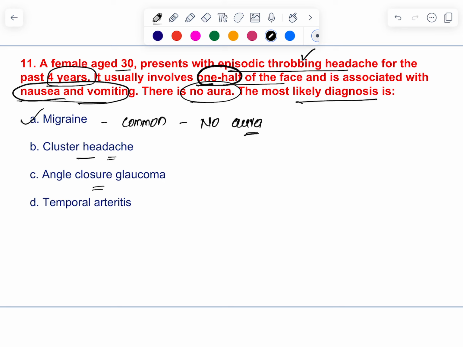Retroorbital pain, vertically dilated pupil, poor reaction to the light, all these point to the diagnosis of glaucoma. So angle closure glaucoma is ruled out. And temporal arteritis does not fit because temporal arteritis is usually present in the age group more than 50 years. Okay, so the answer to the question is common migraine, right? Next question.